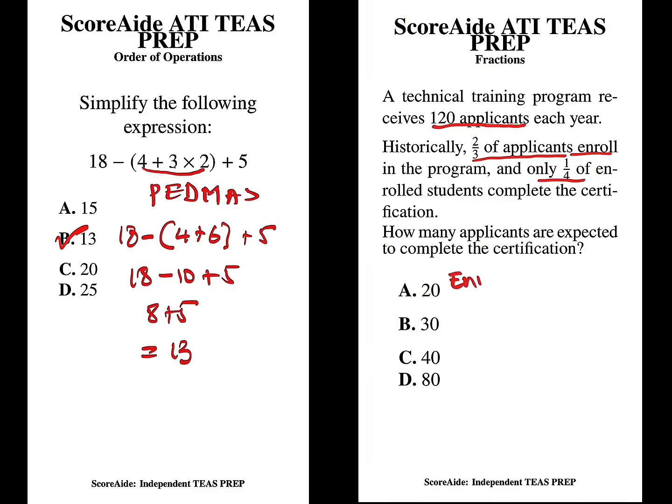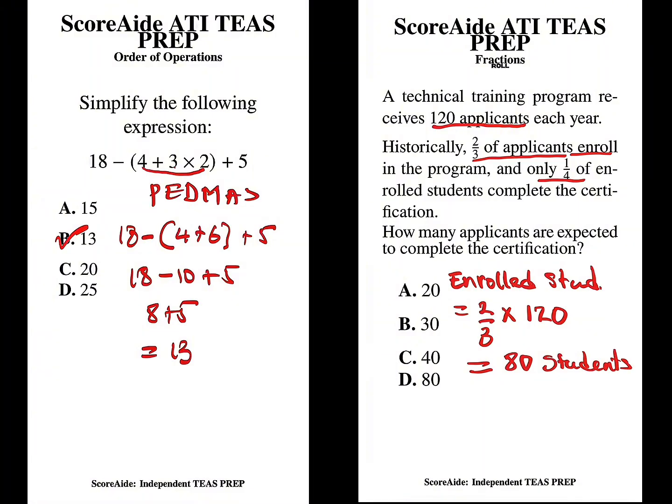Therefore, let's look for enrolled students. Enrolled students will be equal to two-thirds of 120, right? This will give us 80 students. So out of these 80 enrolled students, how many will complete certification?